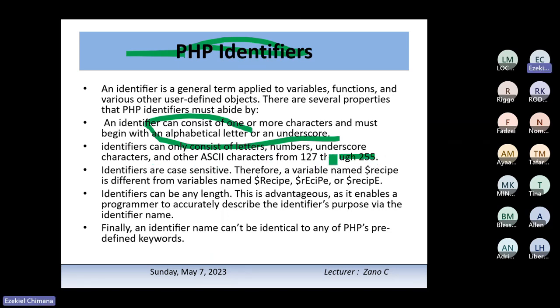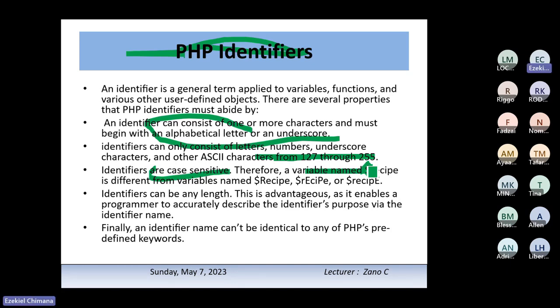I'm sure it's just the same with other languages. Identifiers are case sensitive. Therefore, look at a variable named recipe, at this character here. If you are in PHP, your variable will always start with this character, the dollar sign.